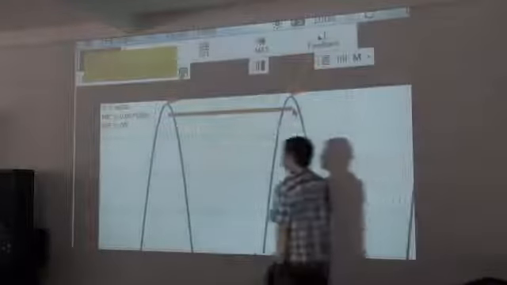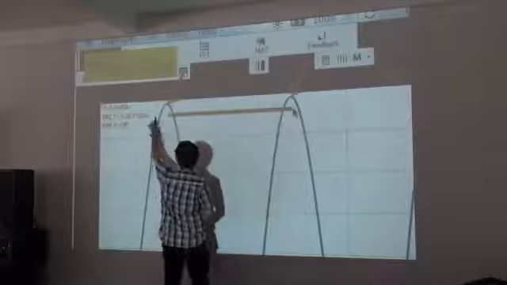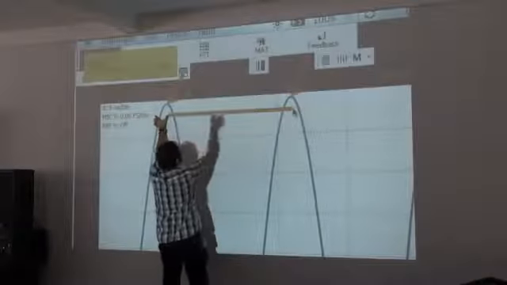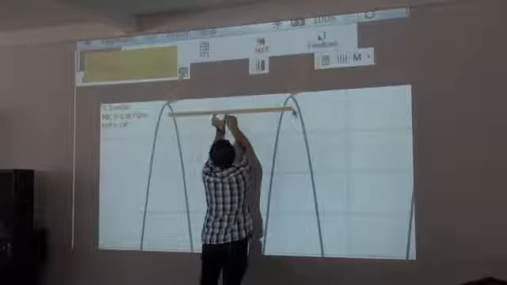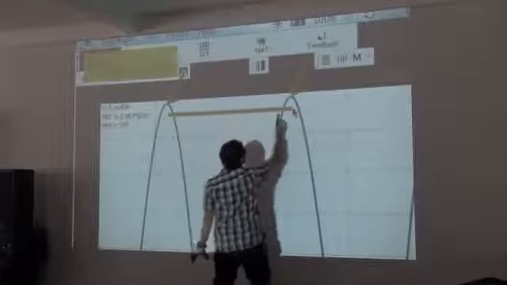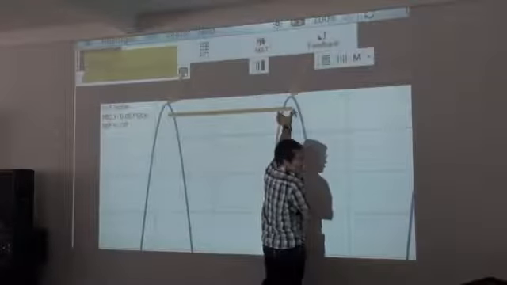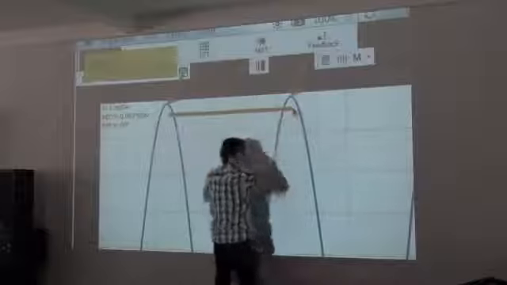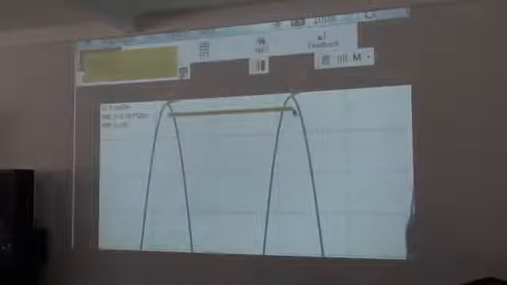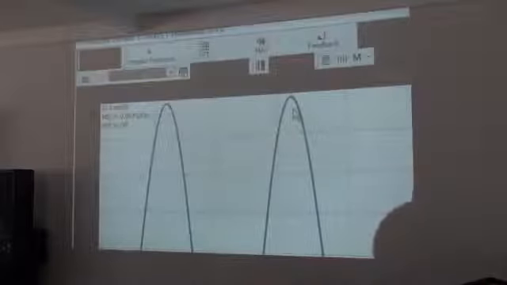From here we move a little bit, it is 1 division, and then from here we finish here. So this means 2 divisions of 5 milliseconds. The distance between the 2 peaks is 10 milliseconds.